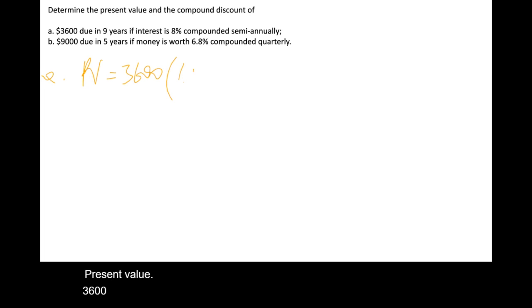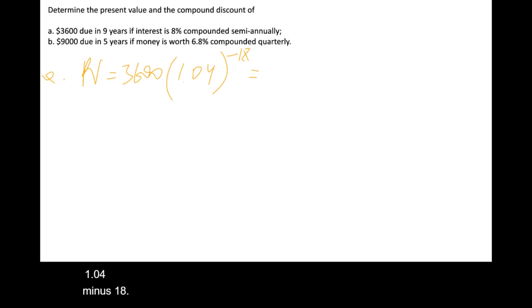Okay. So A, present value 3600 times 1.04 to the minus 18.